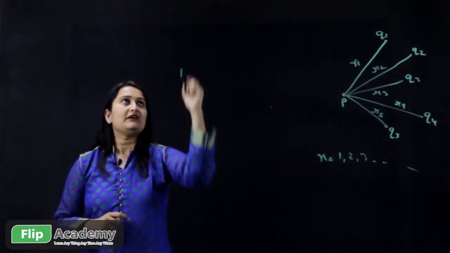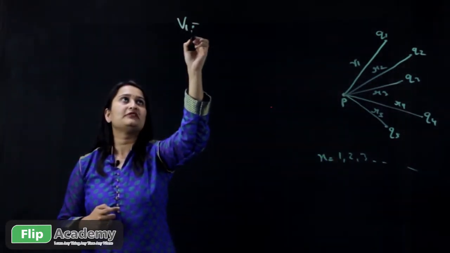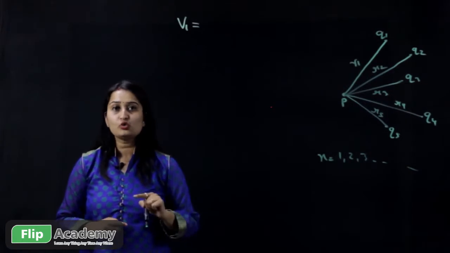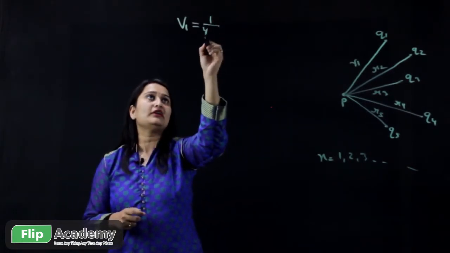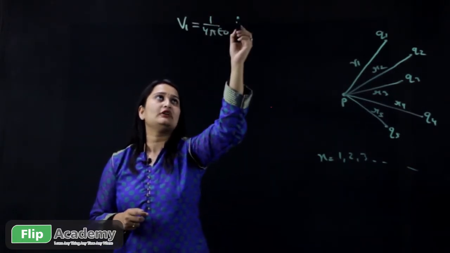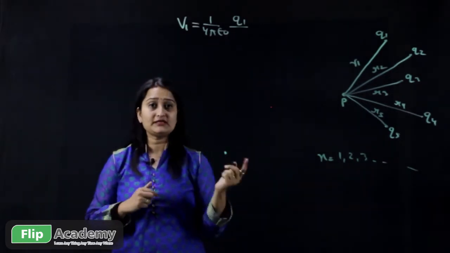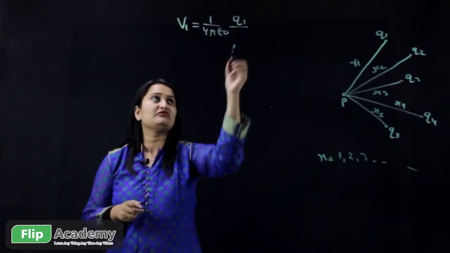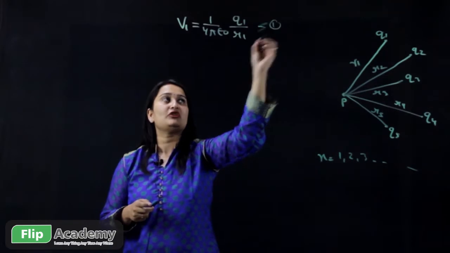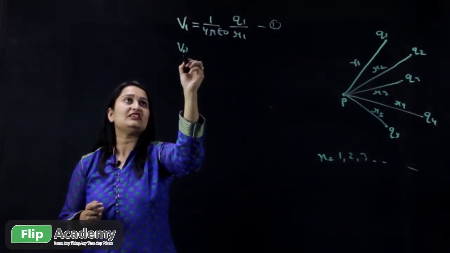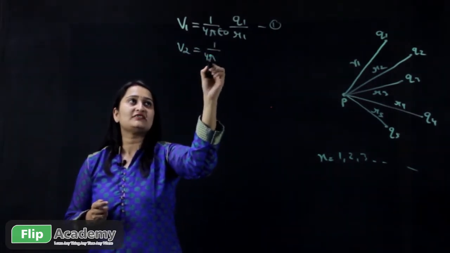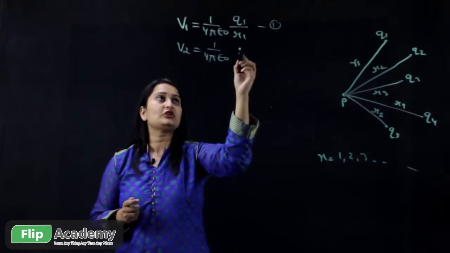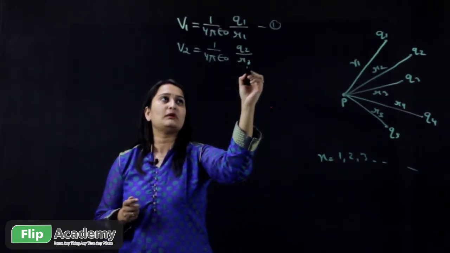Now the potential with respect to the charge Q1 is 1 by 4 pi epsilon naught Q1 upon R1, where R1 is the distance of separation. This is our equation number 1. Similarly, V2 is the electrostatic potential due to the charge Q2, so it becomes Q2 upon R2.